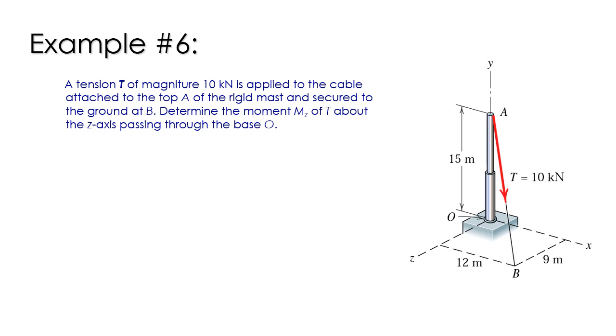Therefore, to get the vector notation of our tension, we have T equal to the magnitude of the tension times AB over its magnitude.